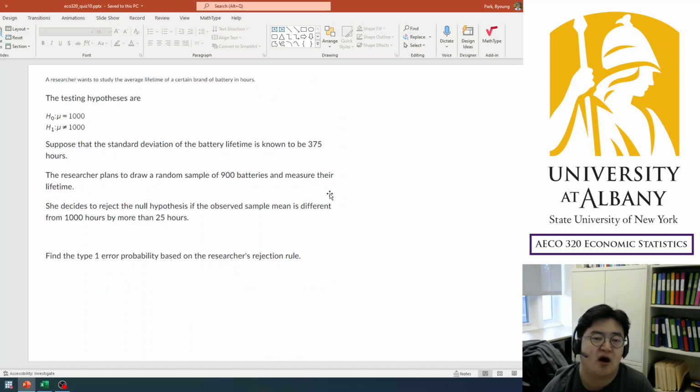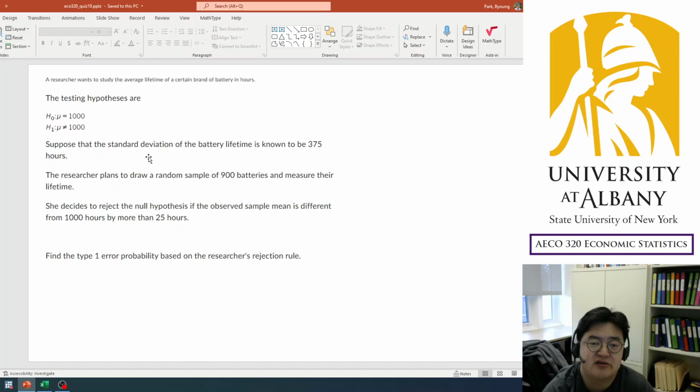Second question. A researcher wants to study the average lifetime of a certain brand of battery in hours. The testing hypotheses are: the null hypothesis is that the true mean lifetime is 1,000 hours, and the alternative hypothesis is that the true mean hours is different from 1,000.